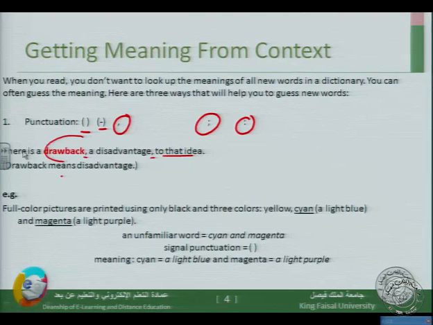Now, drawback is an unfamiliar word for you. You don't know the meaning of drawback. By looking at these punctuation marks, you will come to know that disadvantage is exactly the same as drawback. So drawback means a disadvantage.